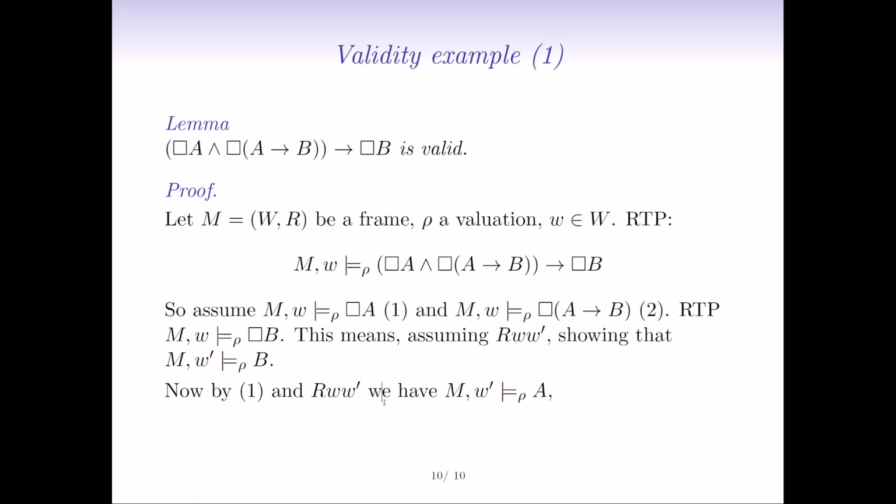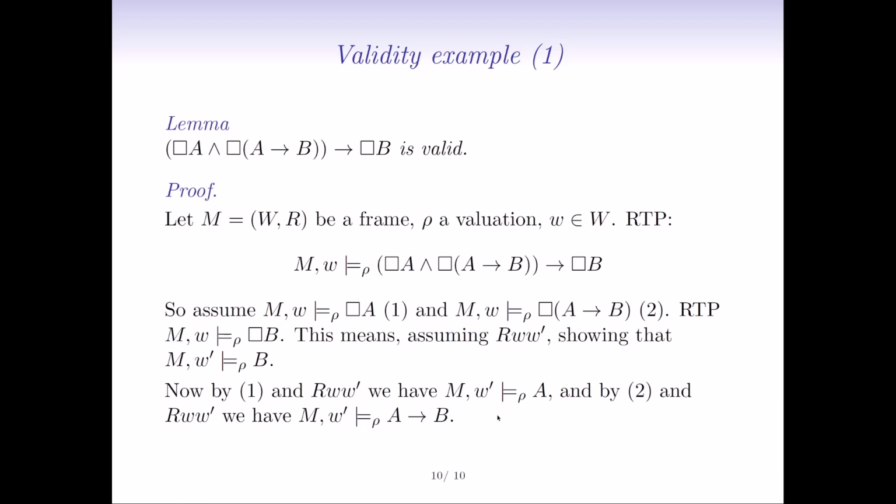So just from the fact that W prime is assumed to be an accessible world, and the fact that box A is true at W, this means that W prime must satisfy A. And by exactly the same reasoning, but this time using assumption number 2, we also have that A implies B is true at W prime.